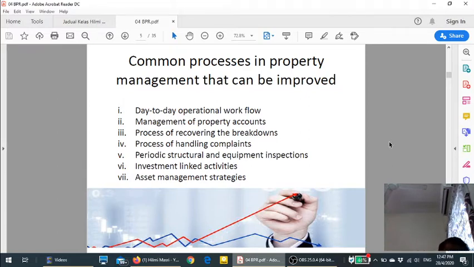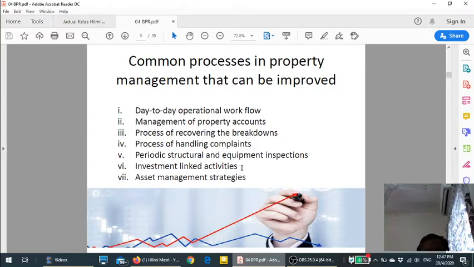Number 5 is periodic structural and equipment inspection, like I said before, such as corrective maintenance, preventive maintenance and others. Number 6 is the investment-linked activities: how you are going to manage the funds, where you are going to invest the funds and others.